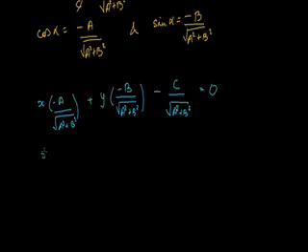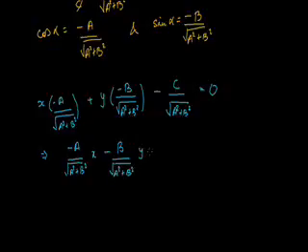Further to which we can say that minus of A upon under root of A square plus B square into x minus of B upon whole under root of A square plus B square into y is equal to C upon whole under root of A square plus B square.